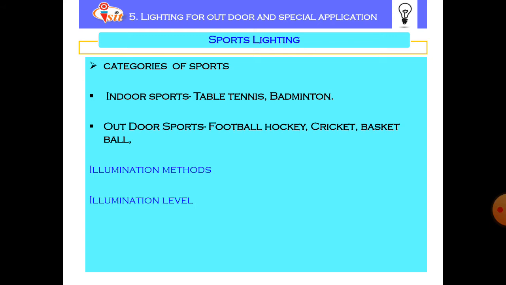For some group sports, the same scheme may be used. That is, the illumination scheme for some sports groups is the same, maybe like table tennis or badminton. The same illumination scheme is adopted for these two games.